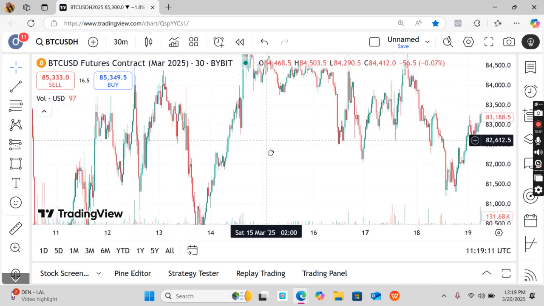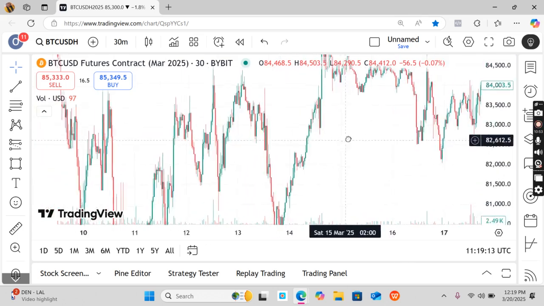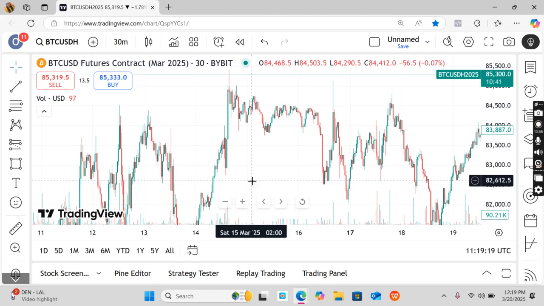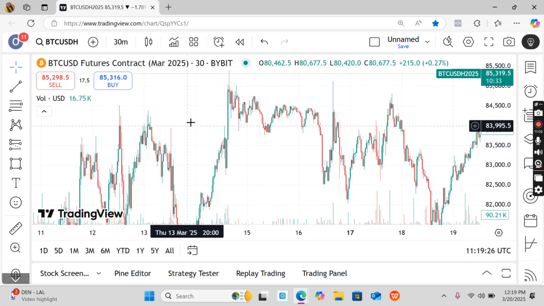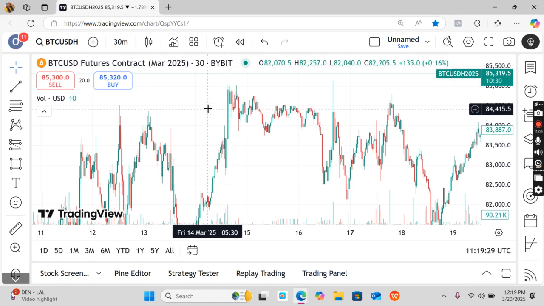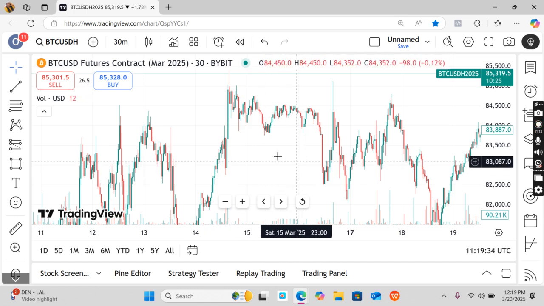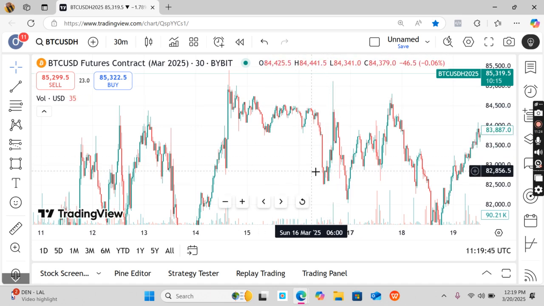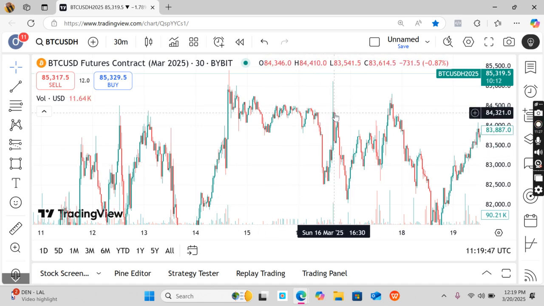This seems to be a good example, because seeing that the market came down, reacted, but then this trade, okay.